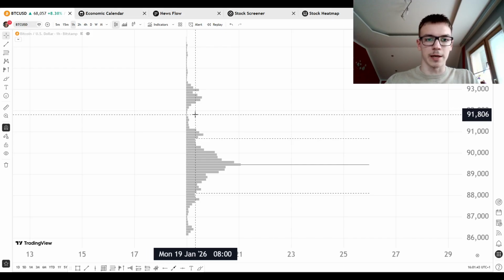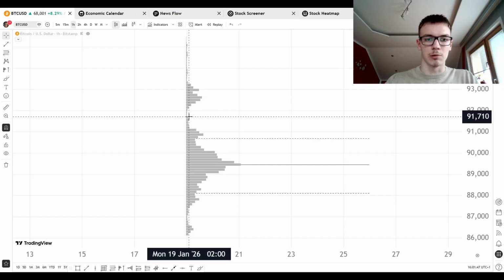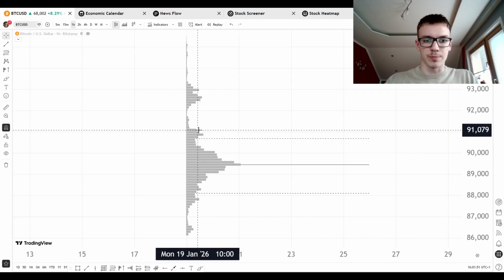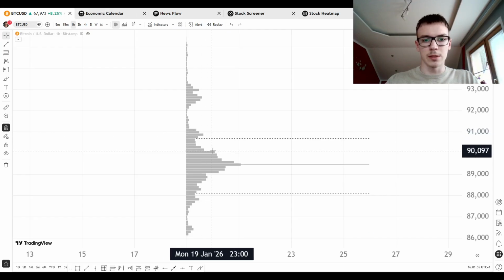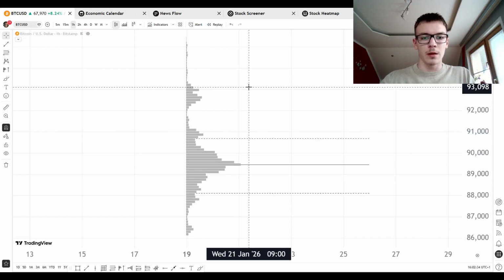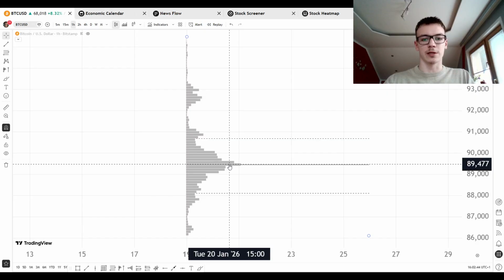As you can see, there hasn't been much volume right here. You can see low columns. And again, as price declined even more, you could see bigger and bigger spikes in volume. What this actually means is that, for example, for some buyers at this level, it was very easy to find a counterparty for their positions.